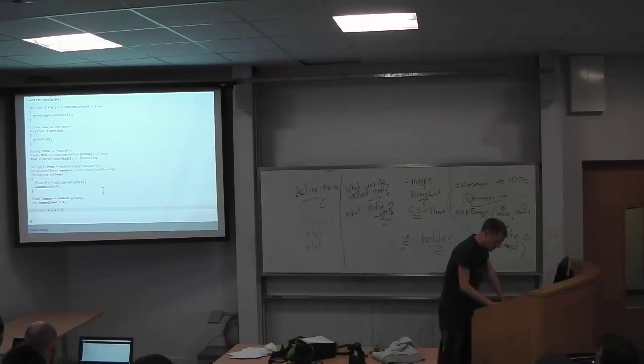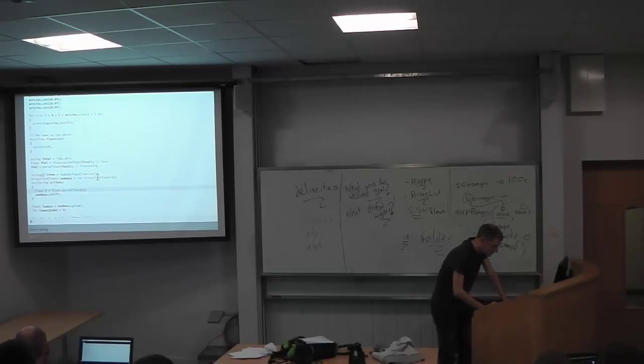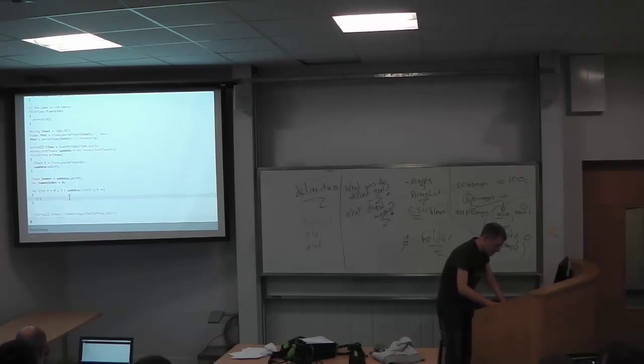Semicolon, i is less than sumData.size, semicolon, i plus plus. Probably should start this at 1 because we've already checked element number 0, same as we did for minimum last time.